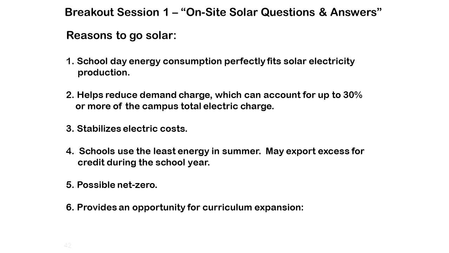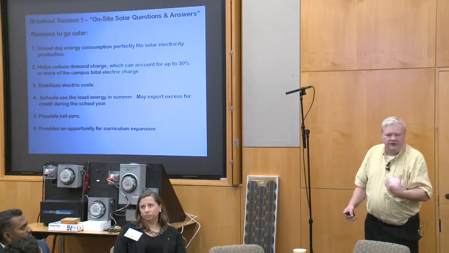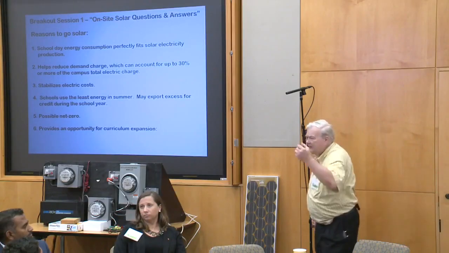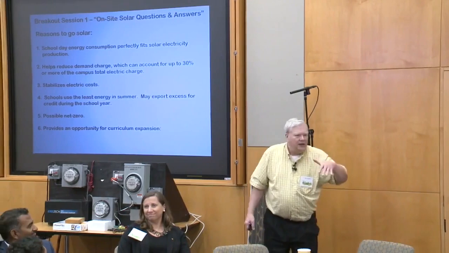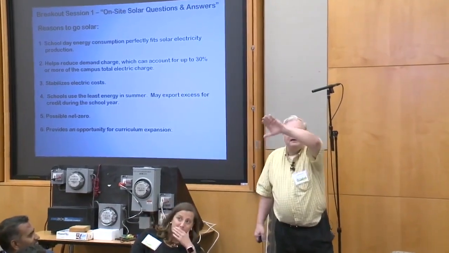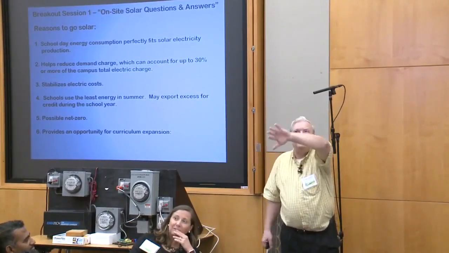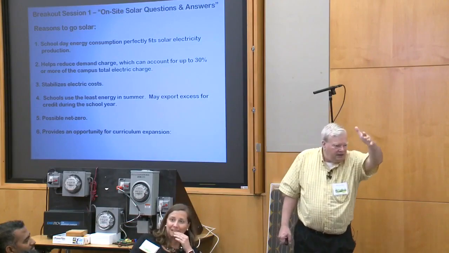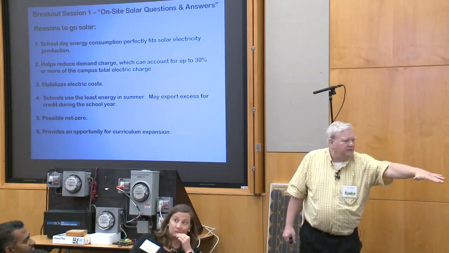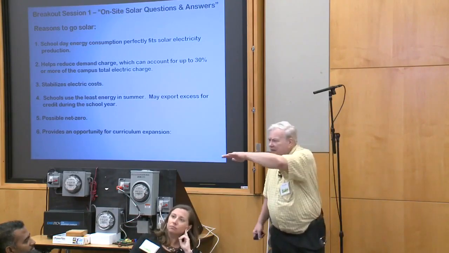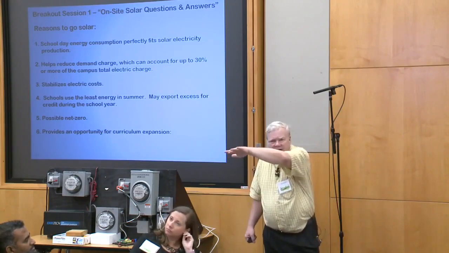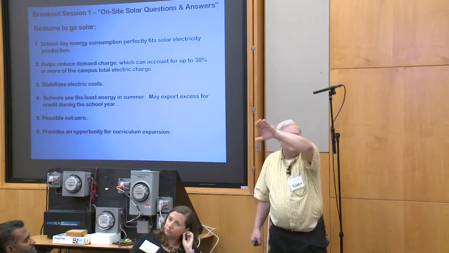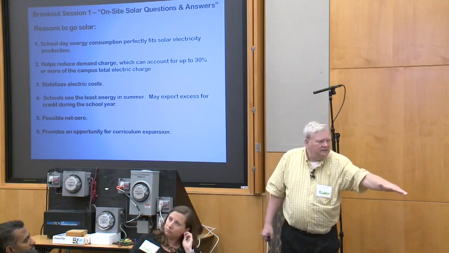The school day, if you look at the plot, and I did this, I actually took a school district I'm working with out west of Fort Worth, and I plotted it out, and their energy consumption reached the highest point in the midday and then trickled off as the students went home. Solar panels facing to the south follow the exact same curve.